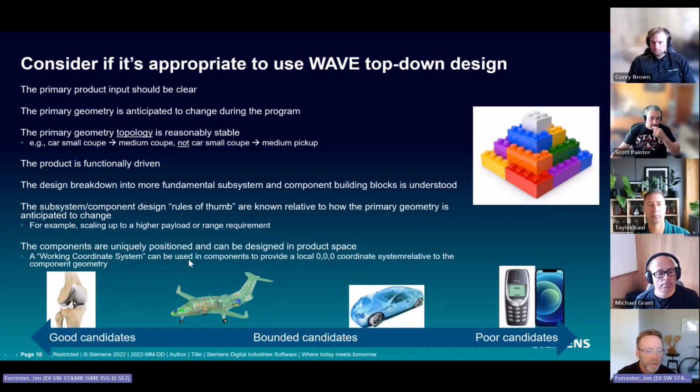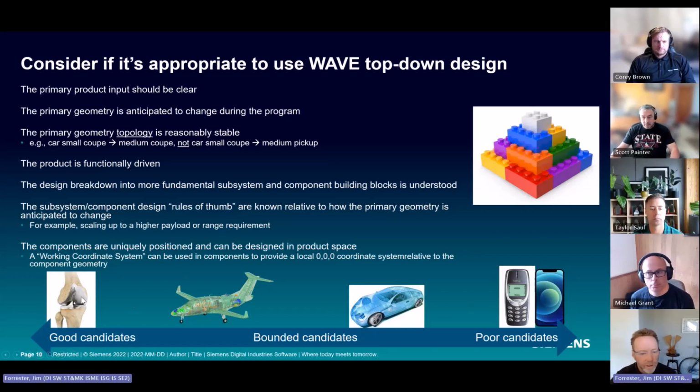A working coordinate system can be used in components to provide a local 0-0-0 coordinate system relative to the component geometry. Sometimes this is a desire for people who are used to SolidWorks, and they like to see their component at 0-0-0 or their subsystem at 0-0-0. So do that with a local working coordinate system.